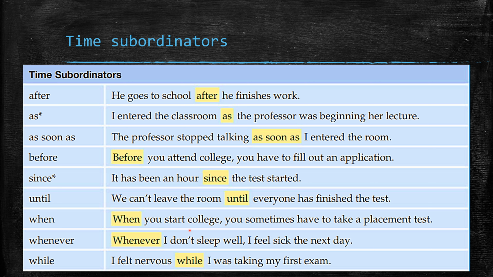When you start college, and notice the comma, you sometimes have to take a placement test. Whenever. Whenever I don't sleep well, I feel sick the next day. While. I felt nervous while I was taking my first exam. So, pay attention to punctuation and the formations as well.